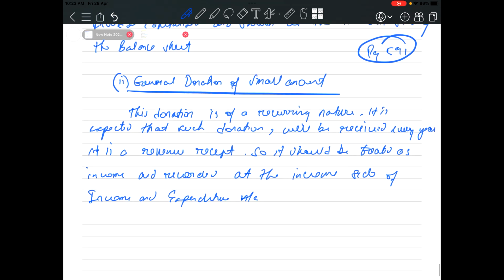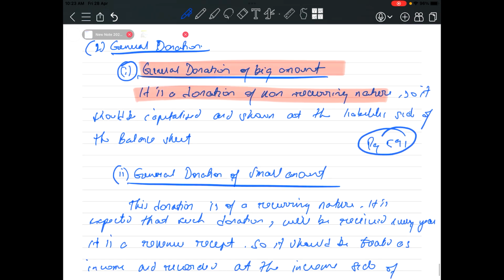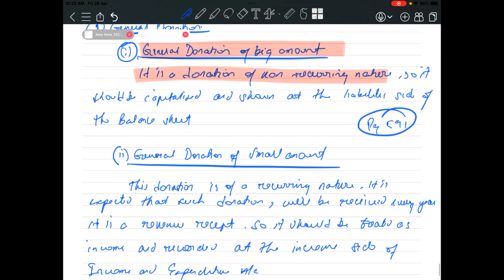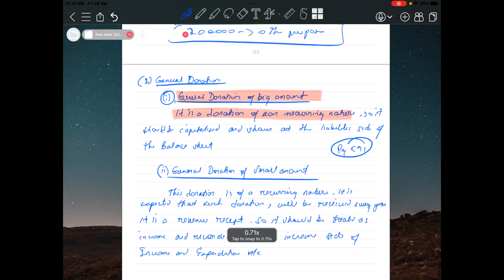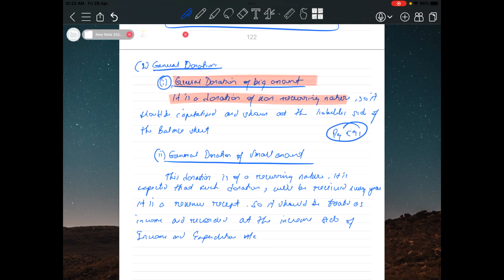It is a revenue receipt, so it should be treated as income and recorded at the income side of the income and expenditure account. I hope this is clear. If you want, you can note this down. General donation is of two types: general donation of big amount, general donation of small amount.